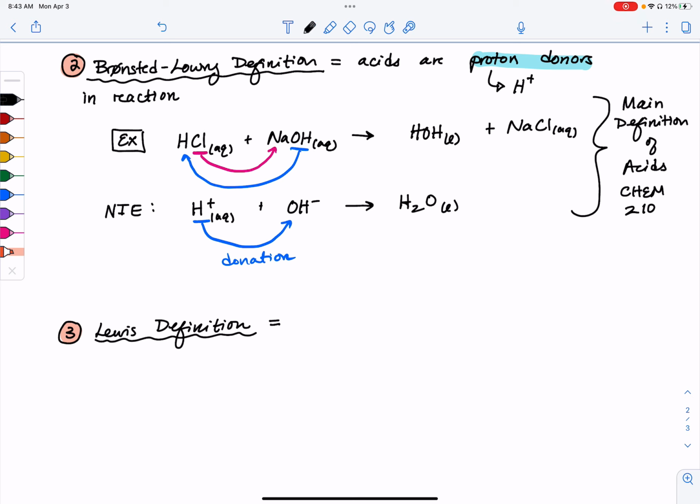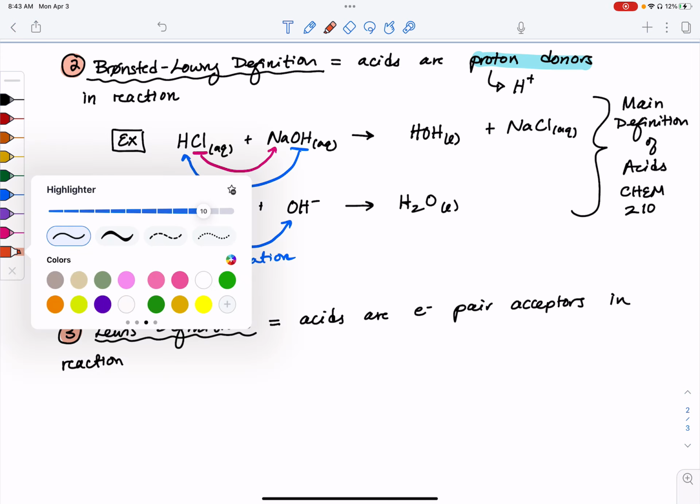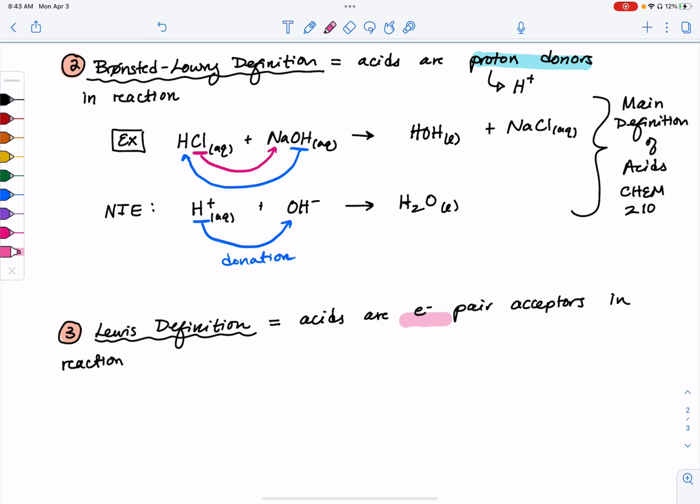So according to Lewis, acids are electron pair acceptors in some kind of reaction. We also have another word that you'll see pop up in OChem for this idea of an electron pair acceptor.